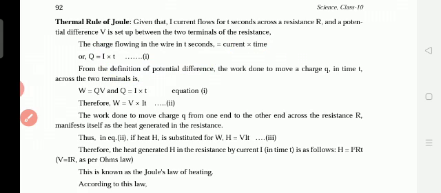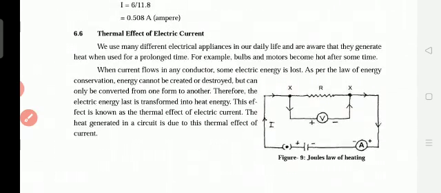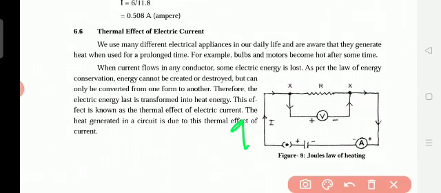From the definition of potential difference, the work done to move a charge Q in time T across the two terminals, work means work done. Okay, work done. So charge is Q. So when the charge goes across the two terminals, charge means Q. So charge is going across the two terminals in a T time.